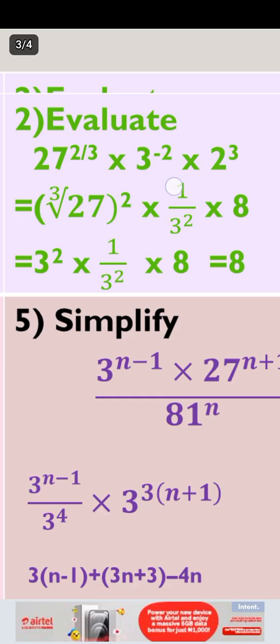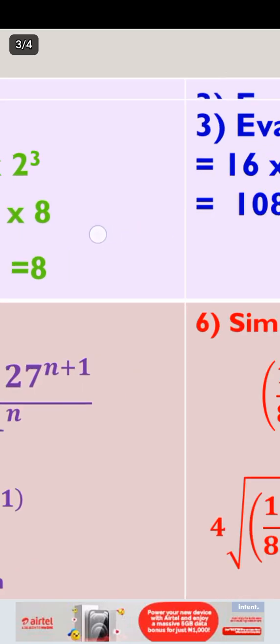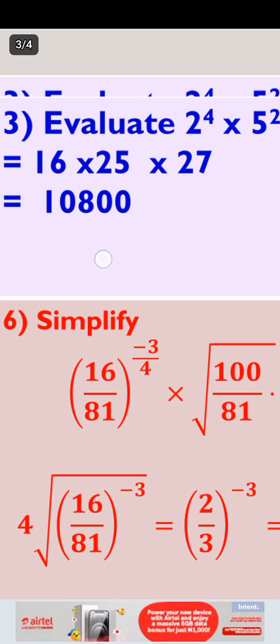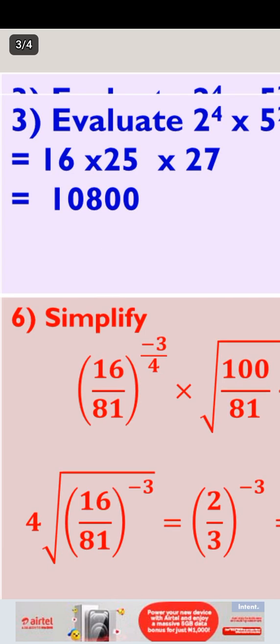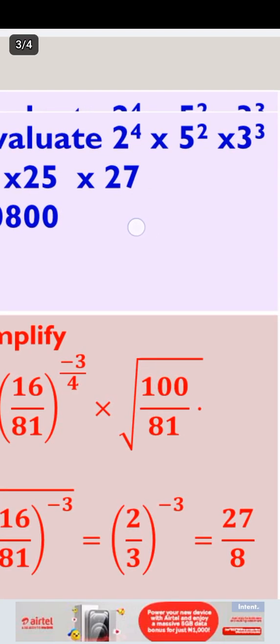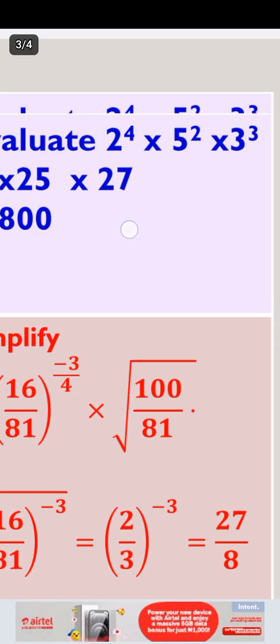Now, let us go to another example, example 3. Example 3 here is also telling us to evaluate. And anytime we hear evaluate, we just have it in mind that the terms are not in the same base. It says 2 raised to the power 4 times 5 raised to the power 2 times 3 raised to the power 3.